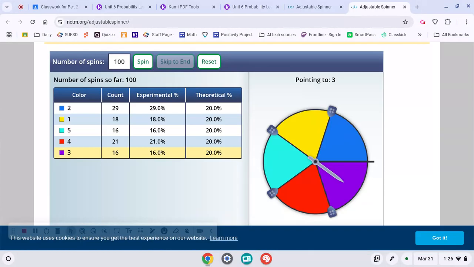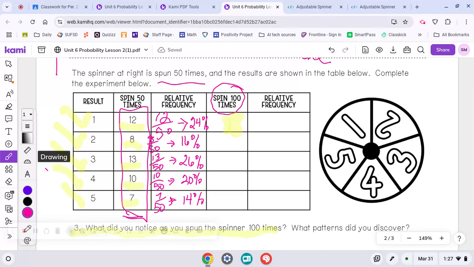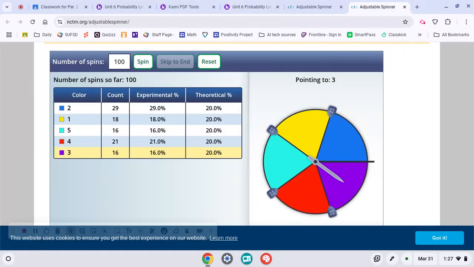In the number 1, we're going to have 18 over 100, which you all know which percentage that is. Actually, in the 1 column, we should put a plain old 18. Whoopsie, sorry. We should put a plain old 18, and then since we spun it 100 times, let's put the plain old 18% down here. For the 2, we got a 29%, and we can see it right here in our experimental probability.